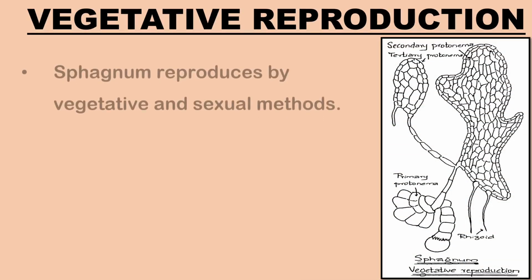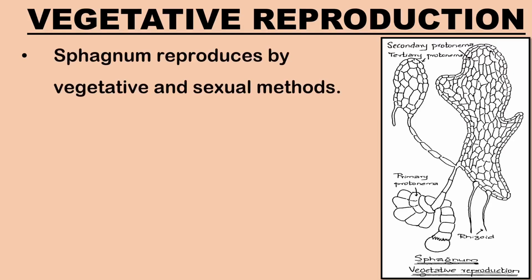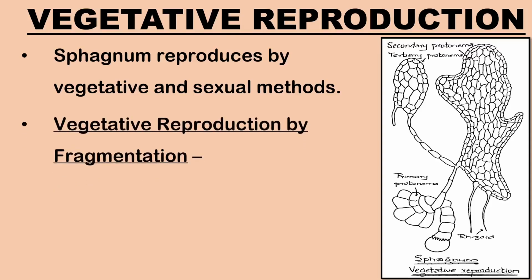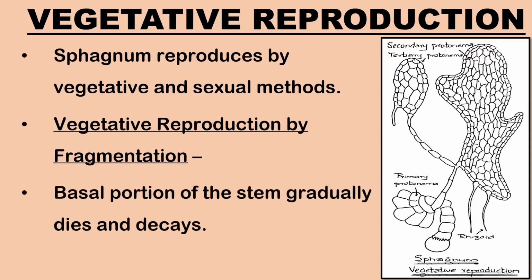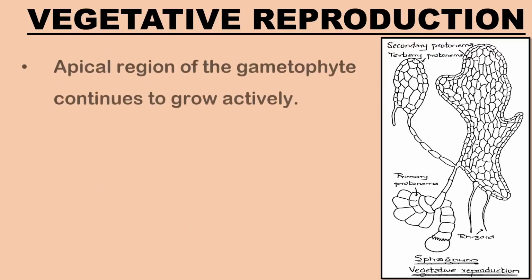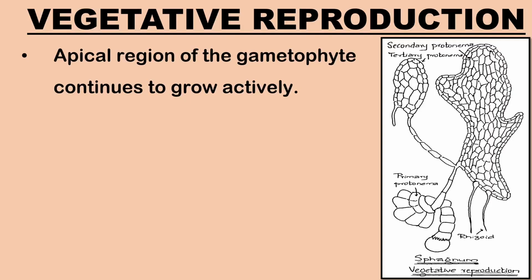Next, let us study about the reproduction in Sphagnum. Sphagnum reproduces by vegetative and sexual methods. Vegetative reproduction by fragmentation. In Sphagnum, the basal portion of the stem gradually dies and decays, while the apical region of the gametophyte continues to grow actively.